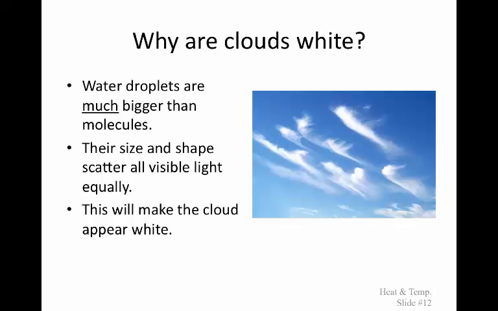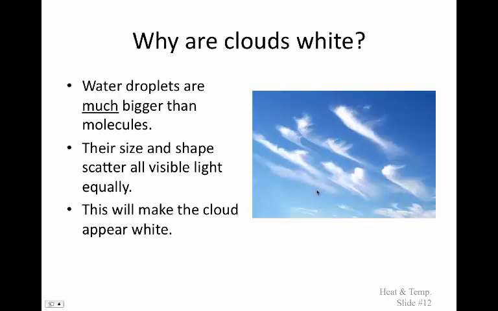And why are clouds white then? Well, we've talked about clouds being dark already, depending on your vantage point relative to where the sun is, on the opposite side of the clouds. That kind of blocks out the light and makes them look dark. But when you have high clouds like this, the water droplets are actually much bigger than molecules.